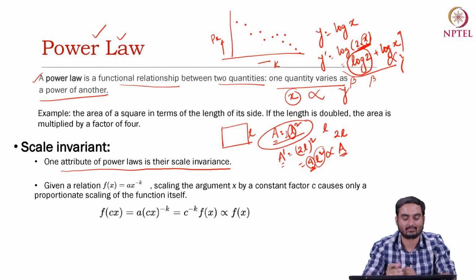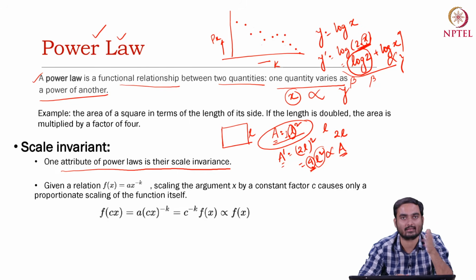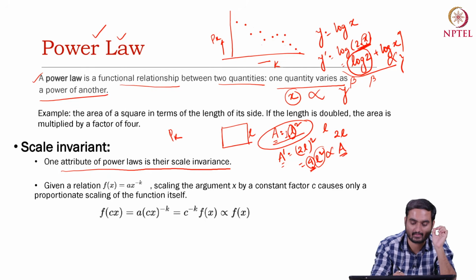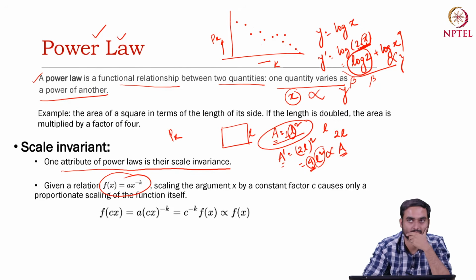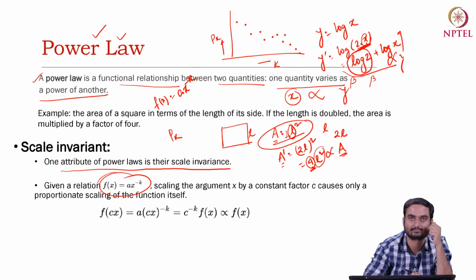Now why is this important in this context? People analyzed lots of such social networks, and biological networks also, and it turned out that the degree distribution, this p sub k, actually follows a power law. Something like this: f(x) is a times x to the power minus gamma.